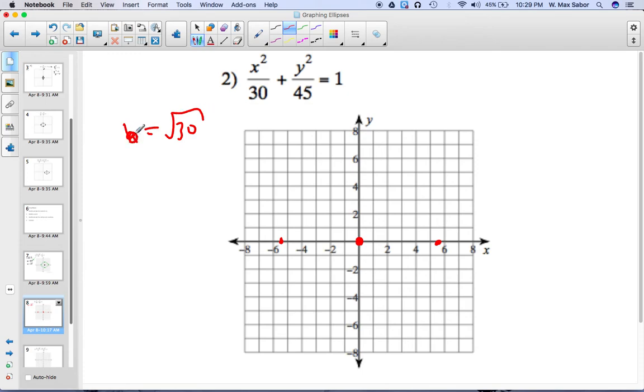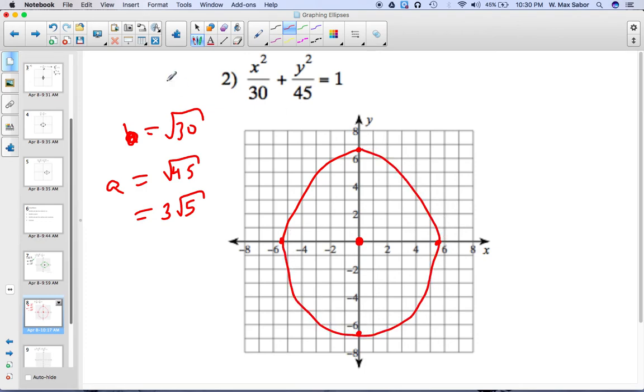Actually, that would be b, because this is the smaller number. a is square root of 45, which is the same thing as 3 square roots of 5, but the important thing is that it's between 6 and 7. So I'm going to put those as the vertices. And there is our graph.